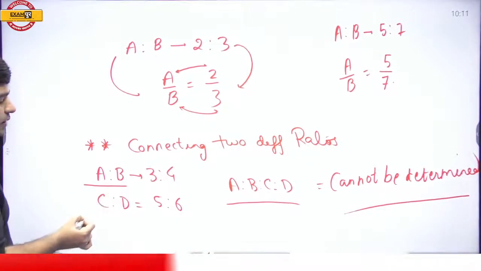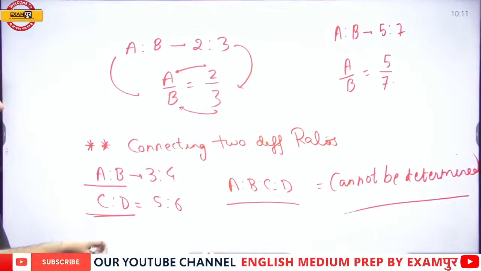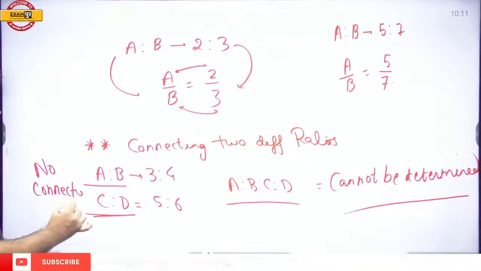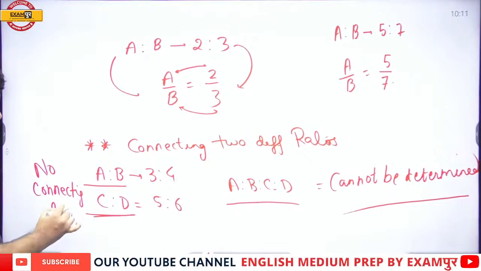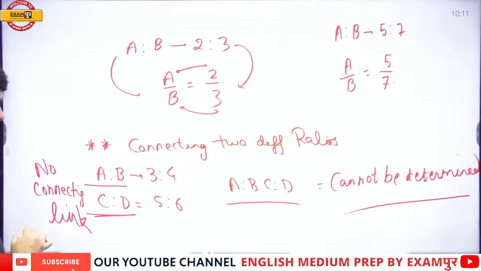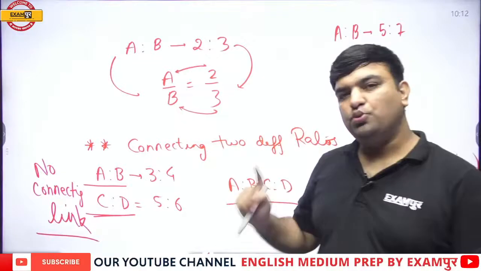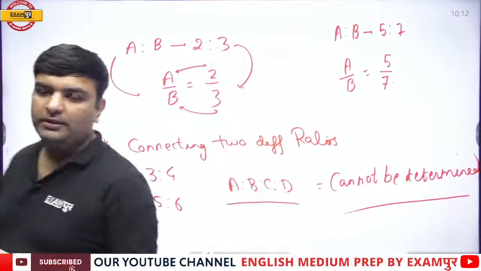To connect the ratios, there should be a connecting link, but there is no connecting link. If there is no connecting link, guys, then we cannot connect ratios. At least one should be common to make the ratios connected.